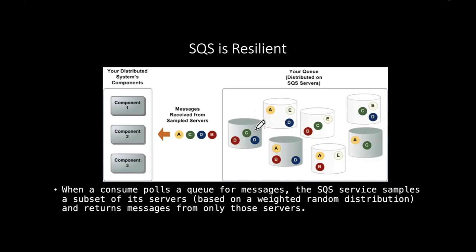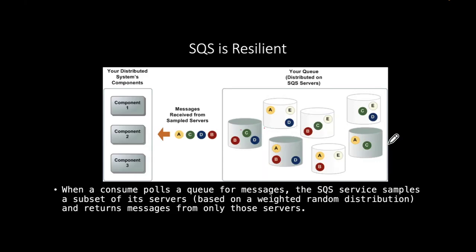Each of these is a separate hardware machine that is persisting a part of our queue. How it distributes these nodes and which node it selects to write a message to is completely under the control of AWS. We have no control over that.